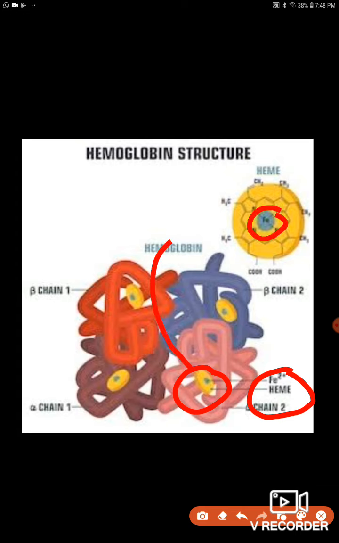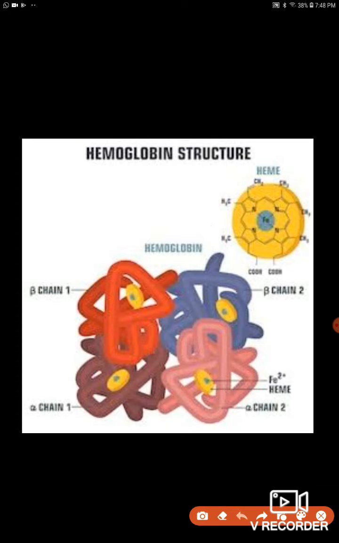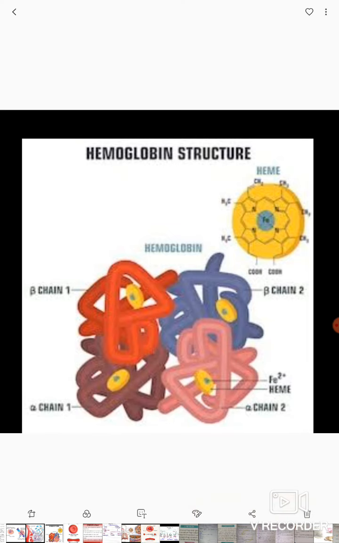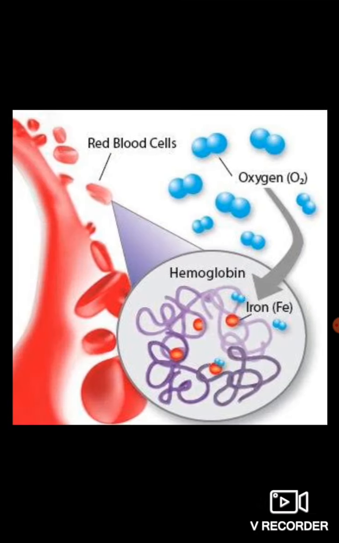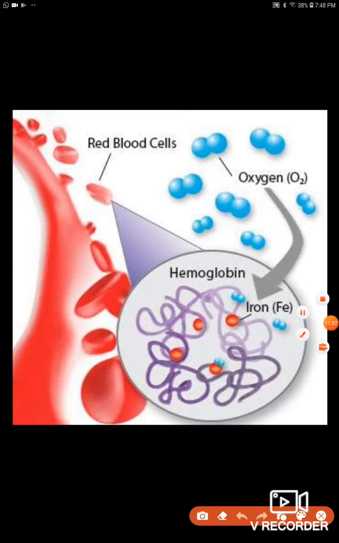This is the elaborated figure of heme, the chemical structure of this heme. So at the center of the heme, you can see here in this figure also, what is present? Iron is present. Now it has the ability to combine readily with oxygen to form oxyhemoglobin. This we have already studied, what oxyhemoglobin is, but where is it combined?